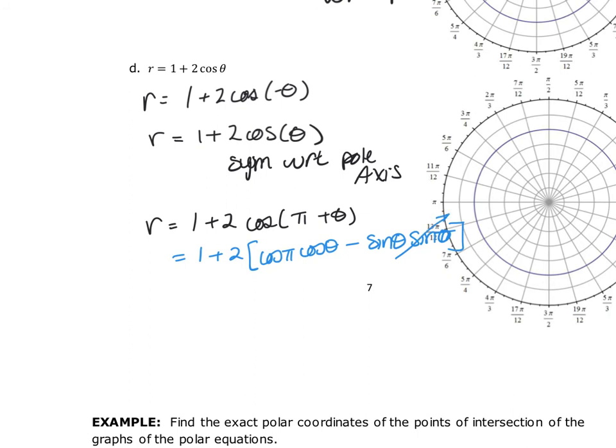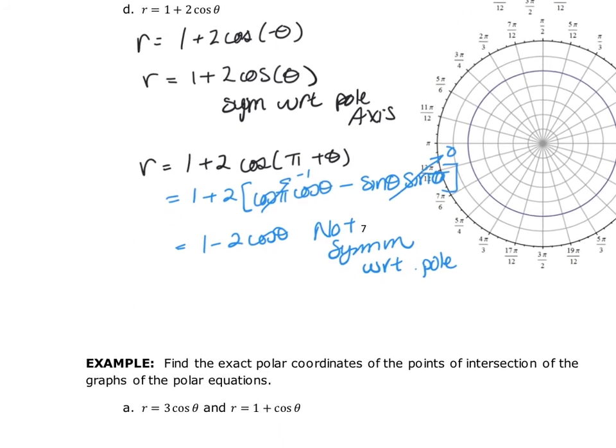We know the sine of pi is going to go to 0. The cosine of pi is going to go to negative 1. So this becomes 1 minus 2, the cosine of theta. So not symmetric with respect to the pole.